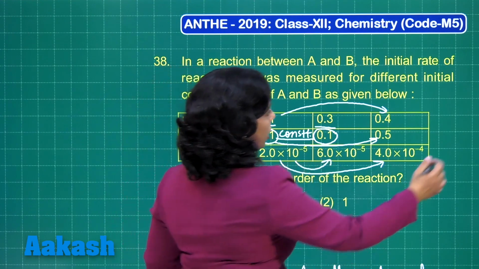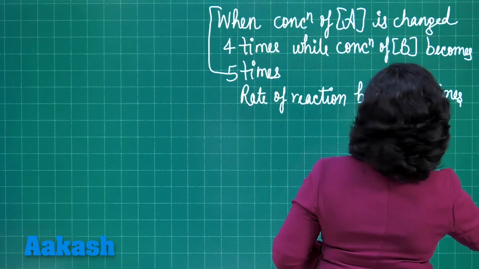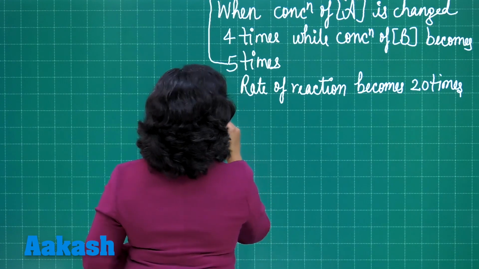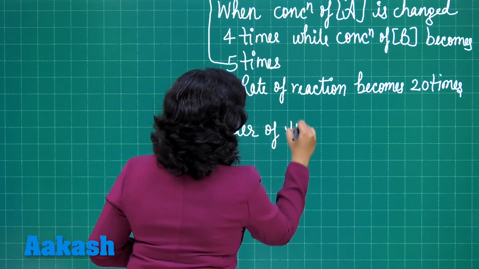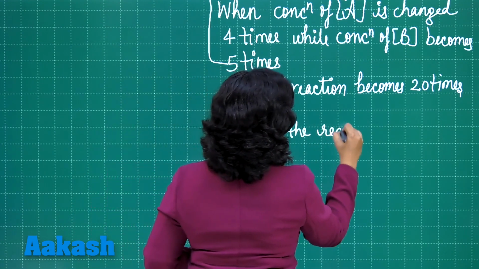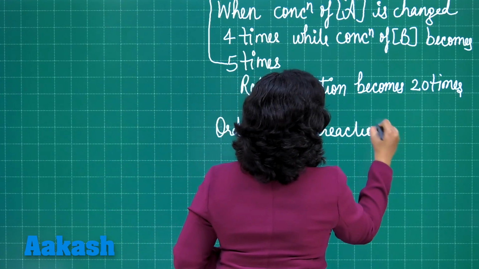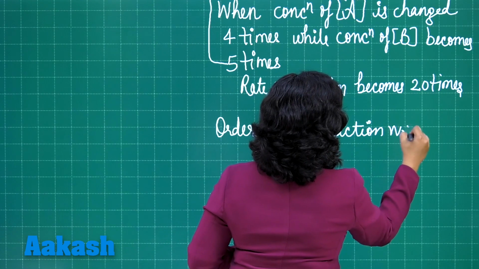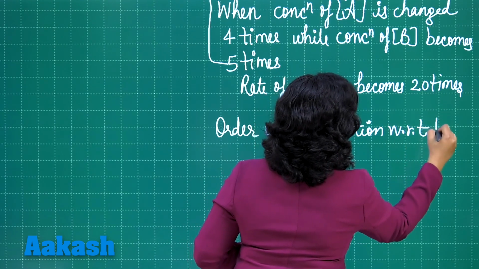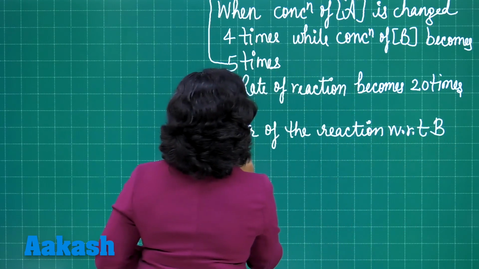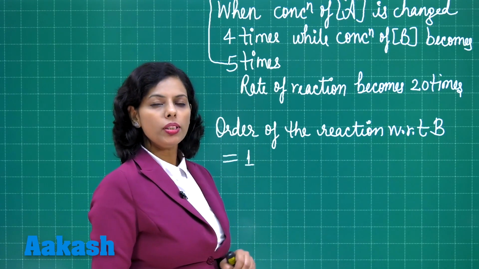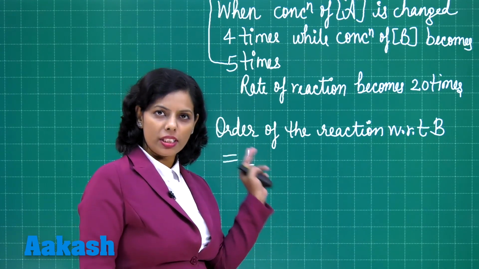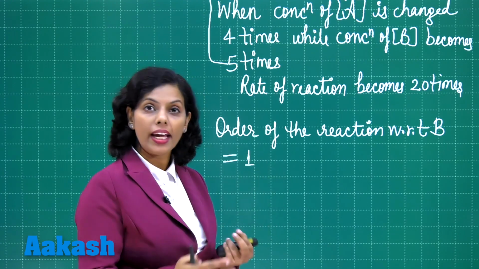So, very simple to relate here that the order of the reaction with respect to B is 1 also, because it is directly proportional, and with respect to A it is also 1.